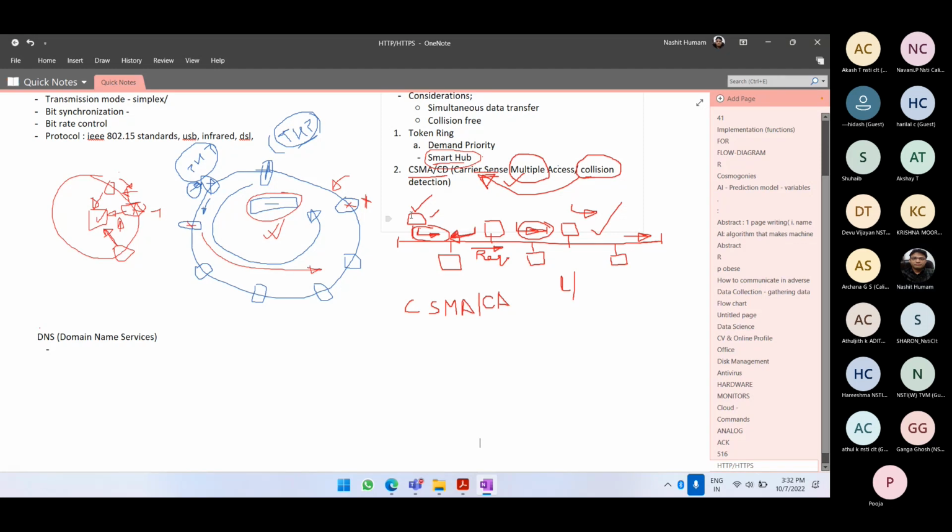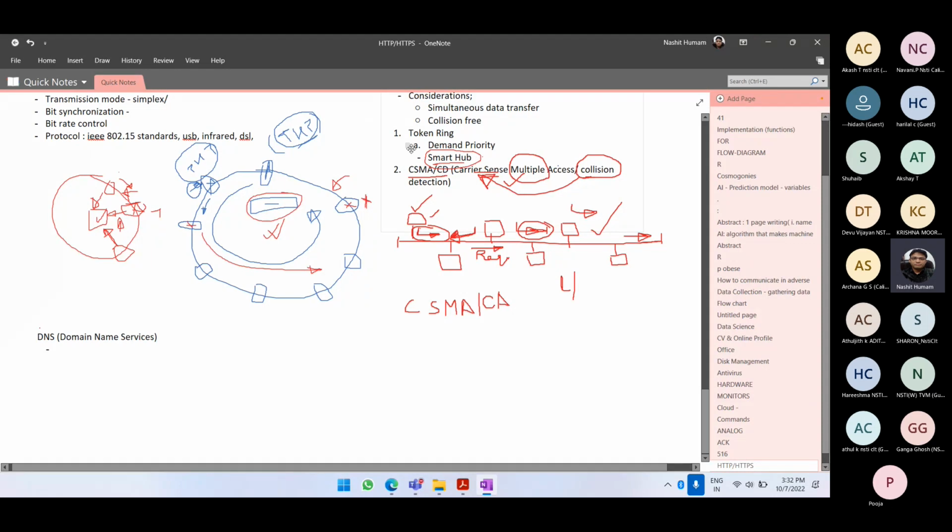Once the line has been held, it will put its data, and once the data reaches its destination, it will relieve the line.